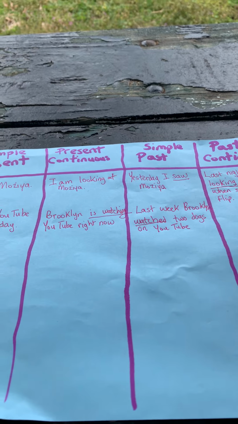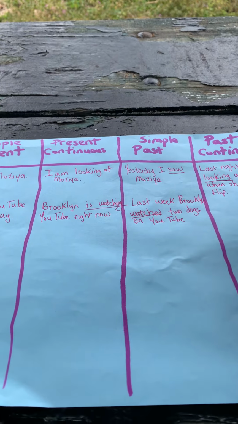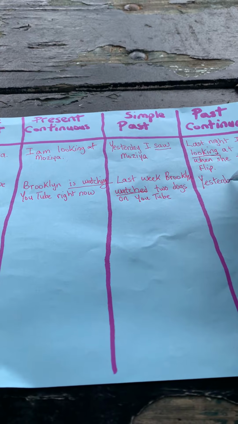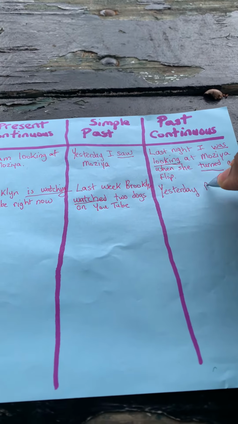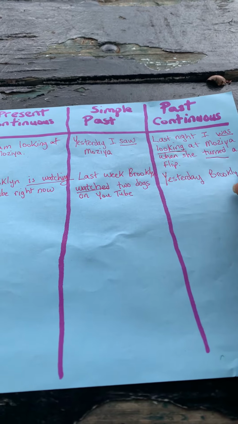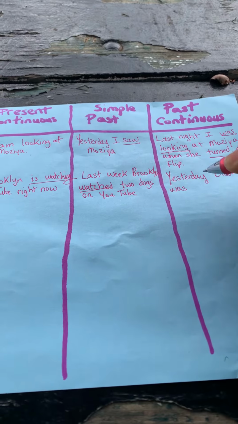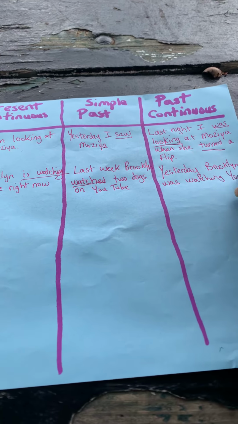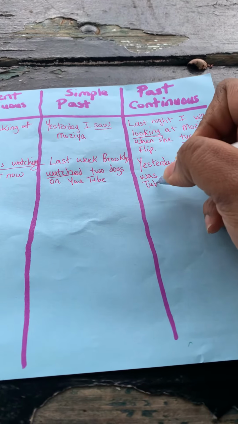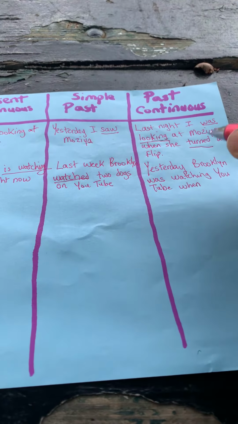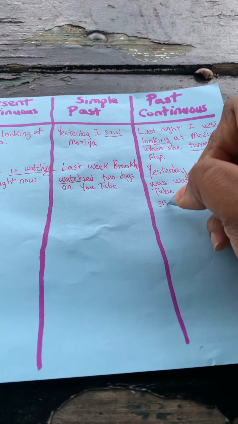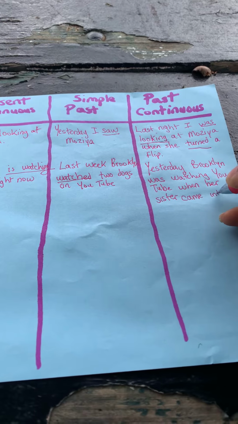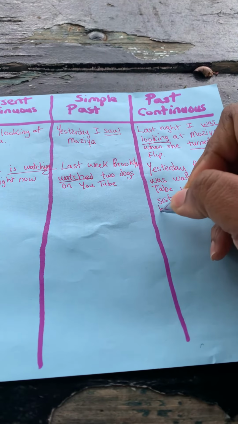Now let's do the past continuous. We could say yesterday Brooklyn was, because that's the past for is, was watching YouTube when her sister came into her bedroom.